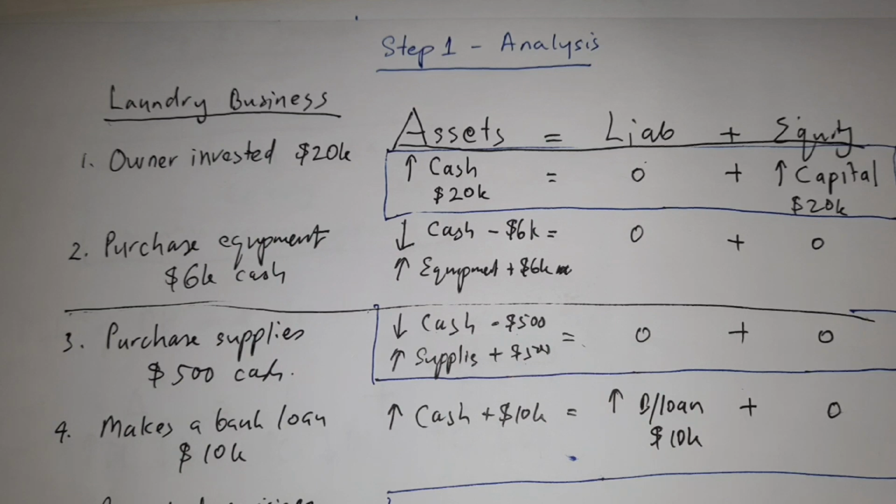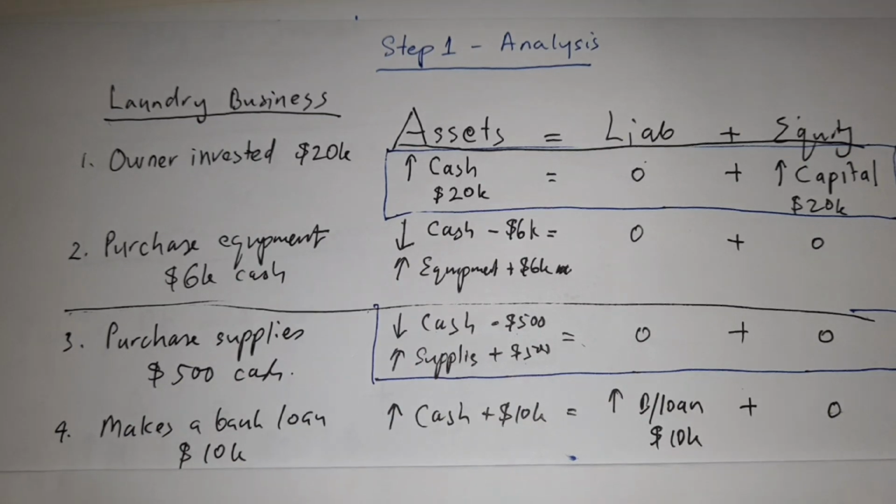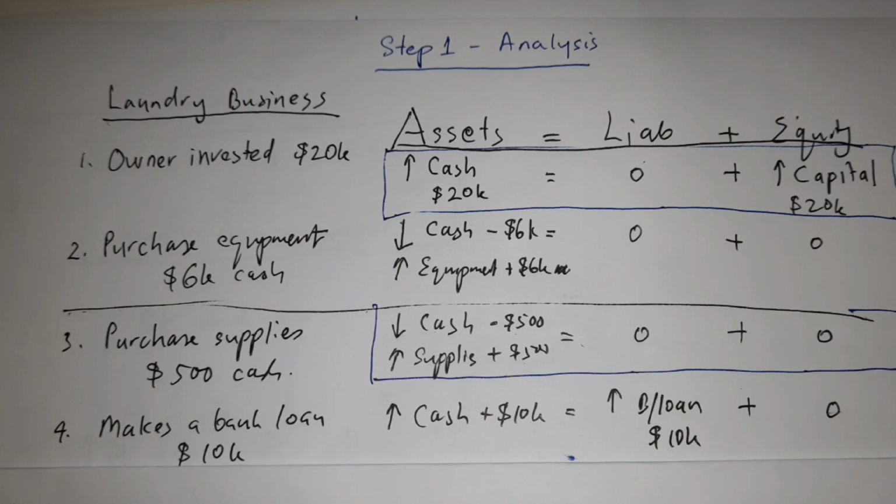The transaction number 4 is the business made a bank loan of $10,000. So you have analyzed the transaction, and then you have to do the general entry or journal entry. So what is the journal entry? You refer to the format of the general journal, and then you refer to the rule of debit and credit.